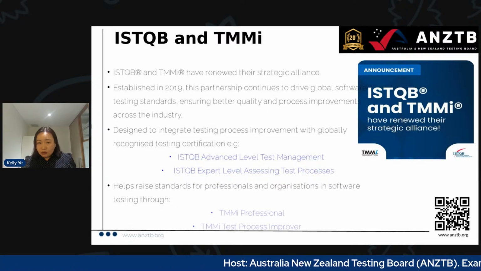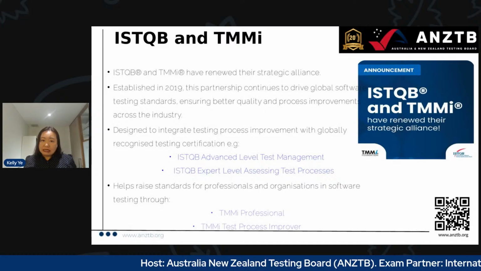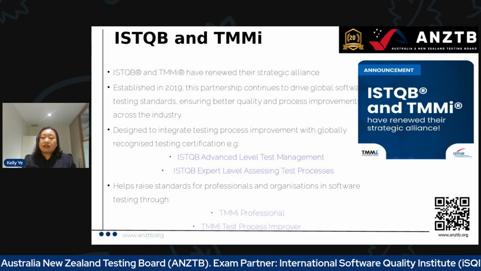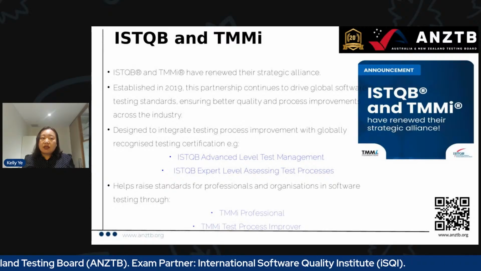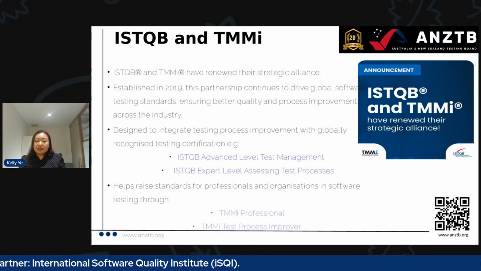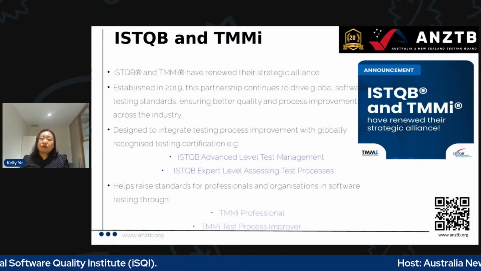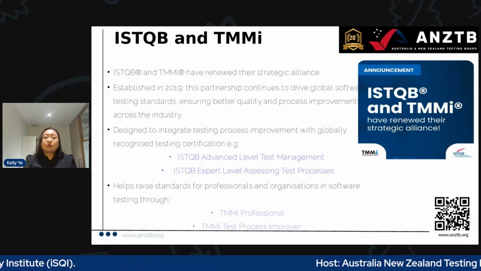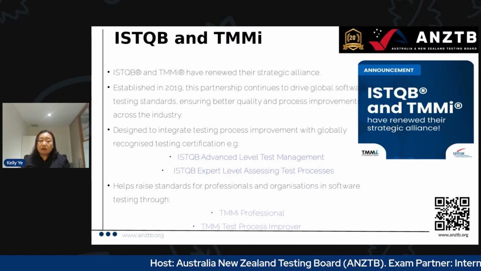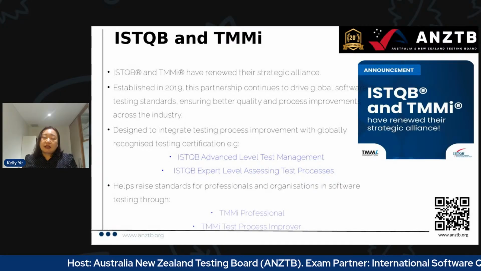And maybe you can also achieve the ISTQB Expert Level certificate. This is good news for your organization, because if you follow the ISTQB standards as the basis for training and for creating your test process, adopting TMMi becomes a natural next step.